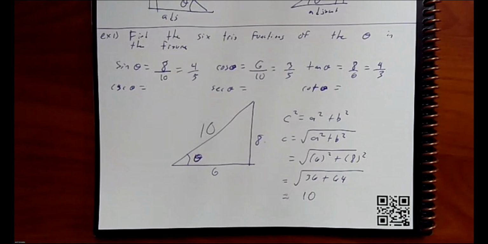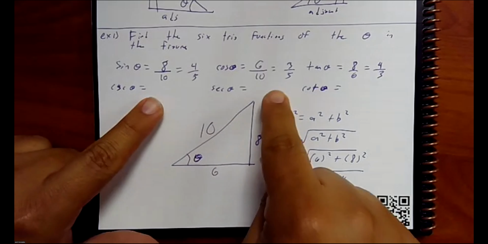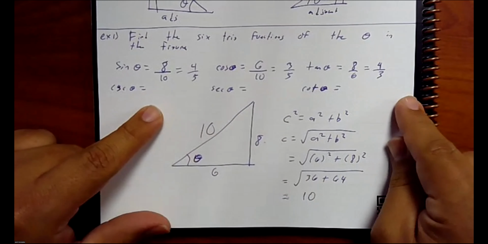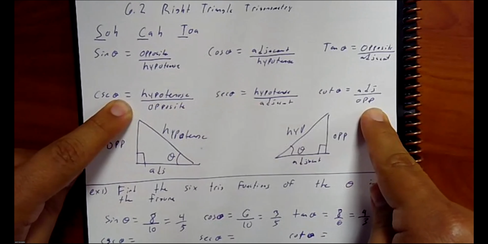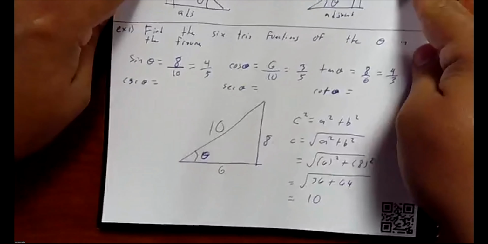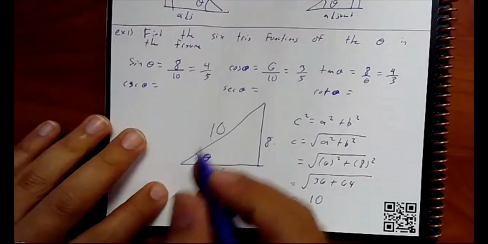Does that make sense so far? Is that okay? Yes. So now we should remember, I didn't define them, but I did tell you that the other three are reciprocals of the originals, right? That's how they're defined. So just flip them over and you'll have the other three. So finding the first three means you have the second set.